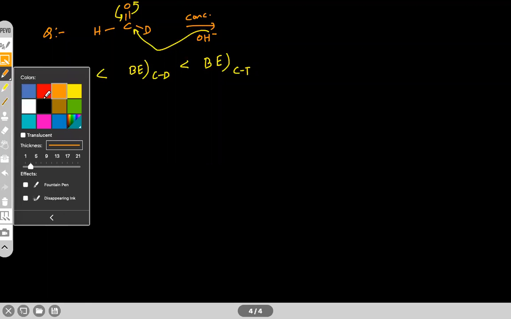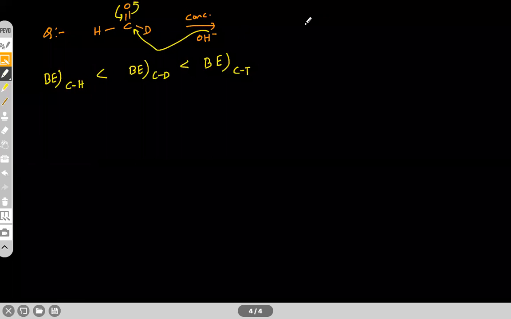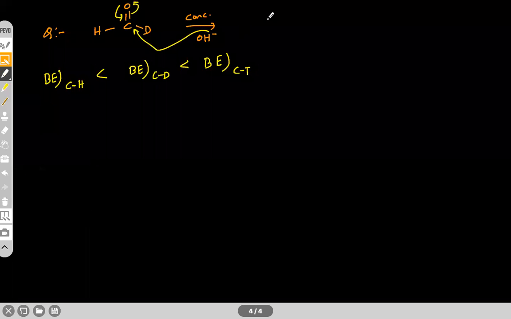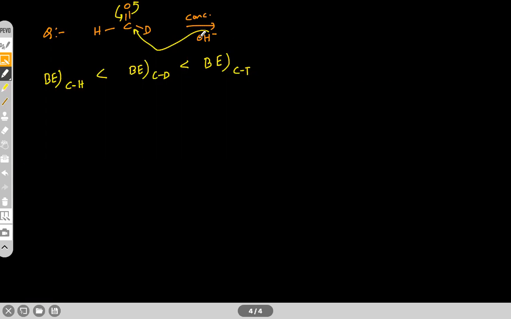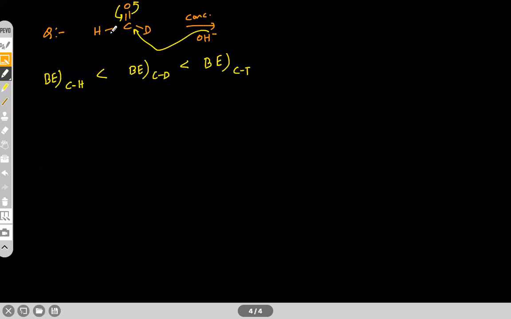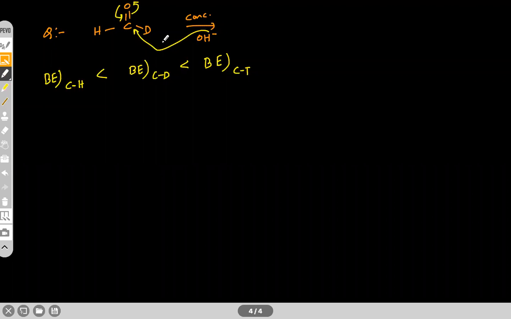to break, and hence in the oxidized product we don't have this hydrogen present. If you look at the mechanism, the molecule on which this OH minus attacks goes under oxidation. So this attacks over here, this molecule will get oxidized, right?